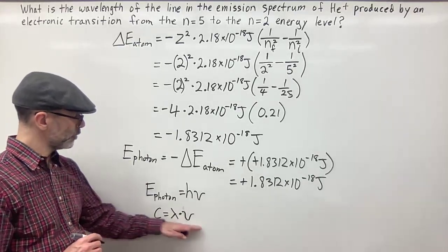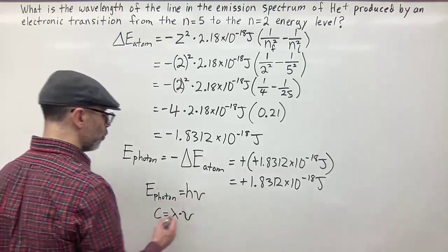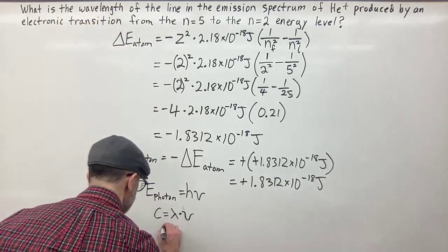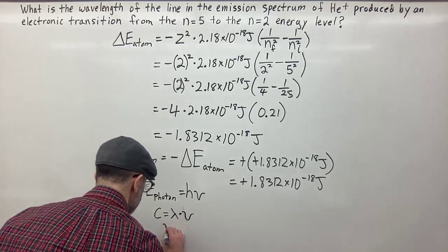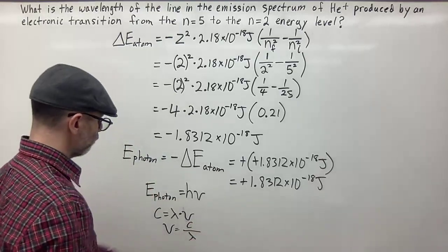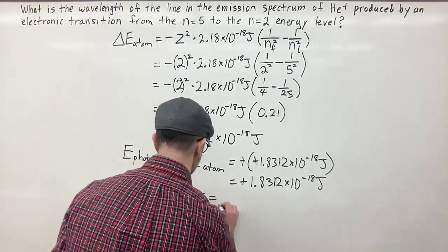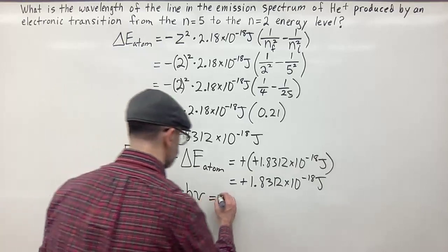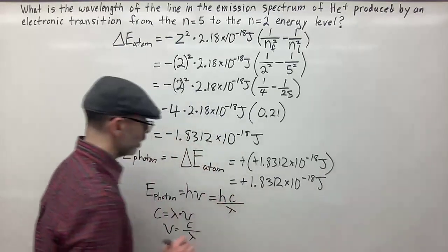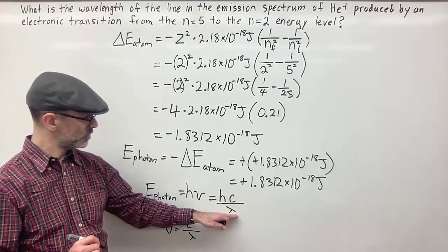So wavelength times frequency gives us the speed of light. I want wavelength because they're asking us for wavelength. So nu is going to be equal to the speed of light over the wavelength. Now I can substitute this in for nu. That means the energy of the photon is equal to Planck's constant times the speed of light over lambda, which is the wavelength. Lambda is the Greek symbol that stands for wavelength.